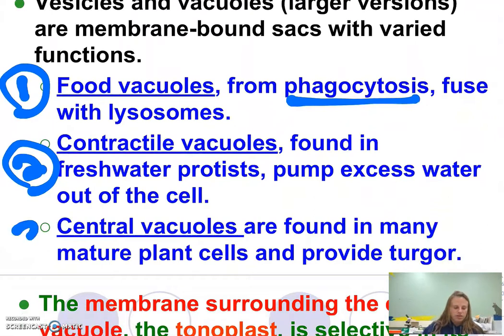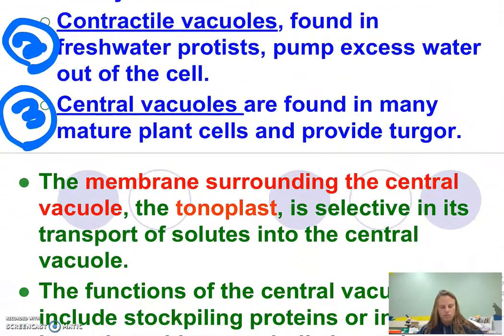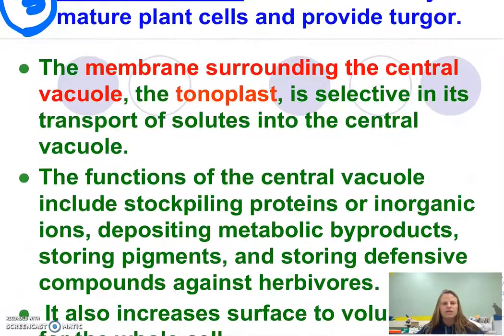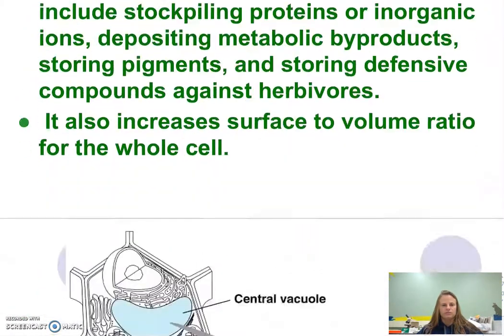Central vacuoles are found in many mature plants. They provide turgor. Most of them are filled with water. The membrane that surrounds that central vacuole is known as the tonoplast, and it's selective in its transport of solutes into that central vacuole.